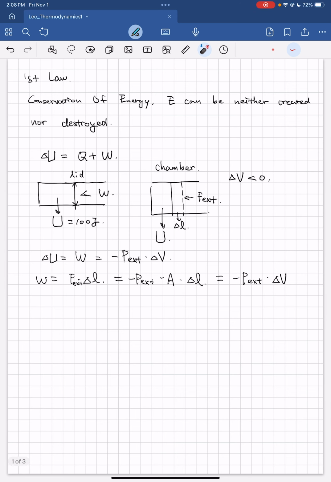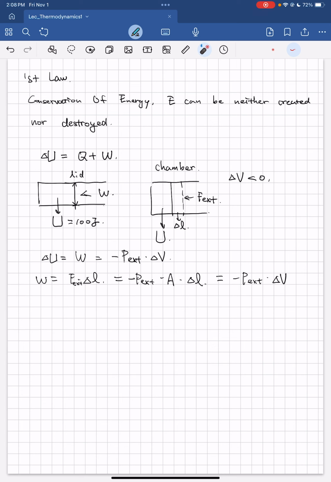If you're learning thermodynamics for mechanical engineers, then there is no minus here. But for material scientists, there is a minus. Why? Because our main focus is the system.